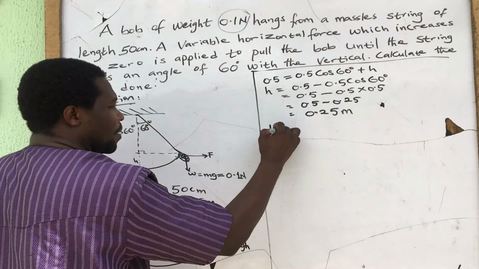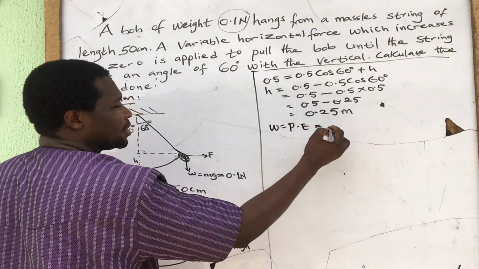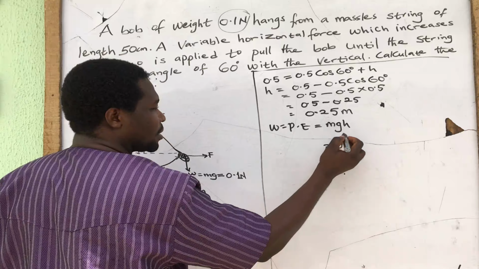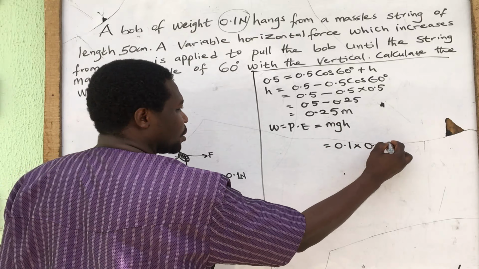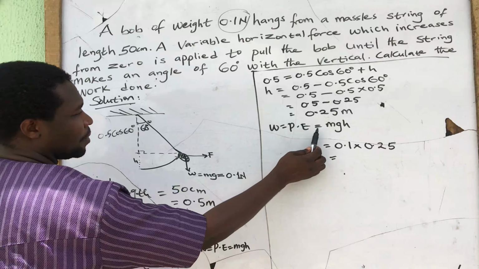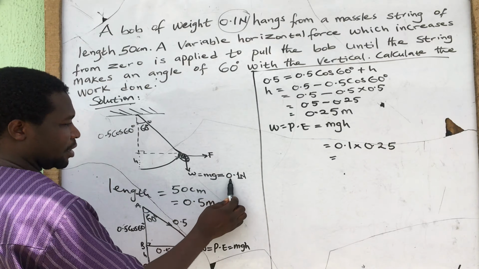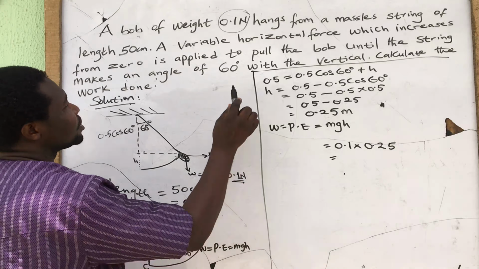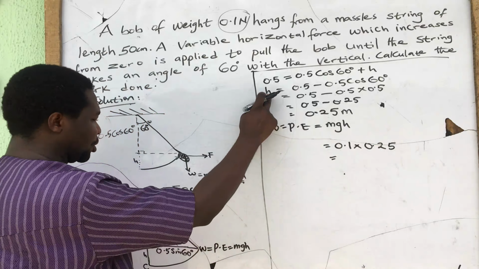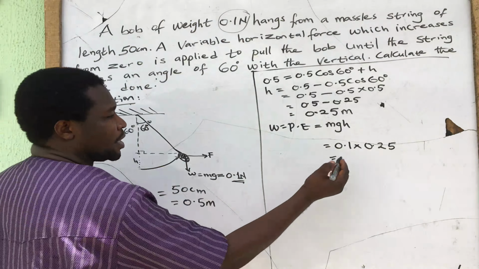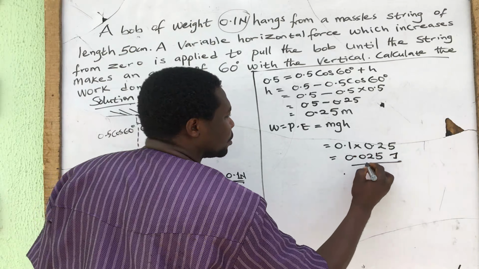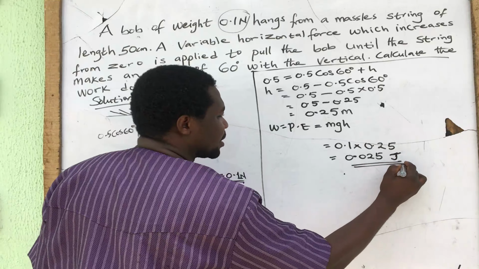So this is 0.1 times 0.25, where mg is the weight 0.1 given in the question, and H is 0.25 that we got from here. Then that is 0.025 joule. That's the final answer here.